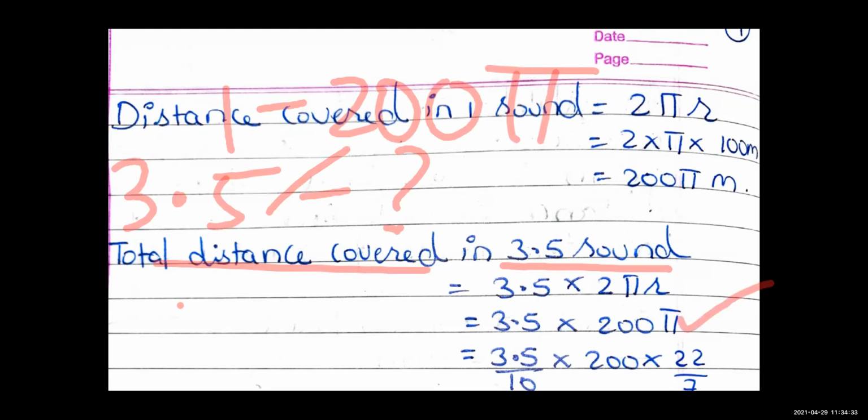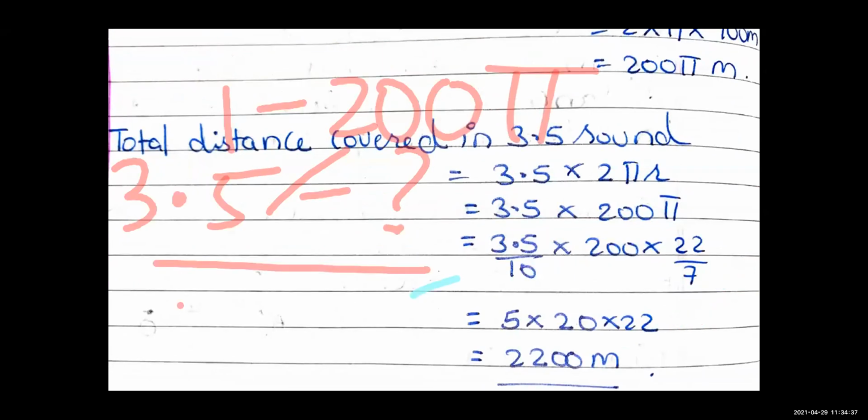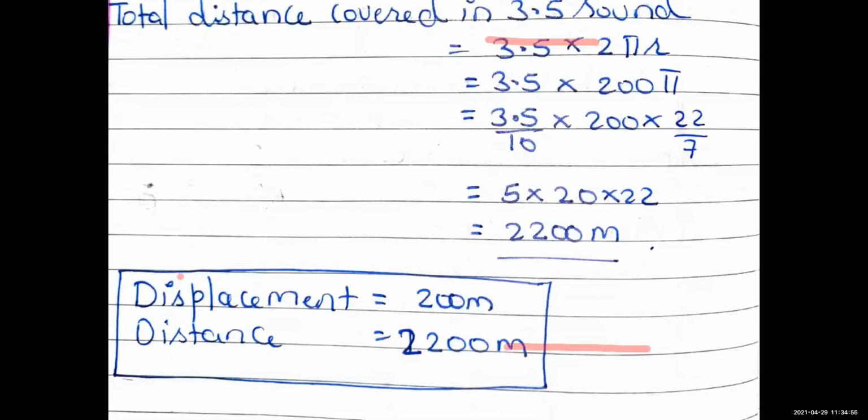Now we will put the value of pi as 22 by 7 or 3.14, and your final answer will be 2200 meter. So the distance covered by the athlete is 2200 meter and his displacement is 200 meter, right? So this is your distance and displacement. I hope the numericals are clear to you, beta.